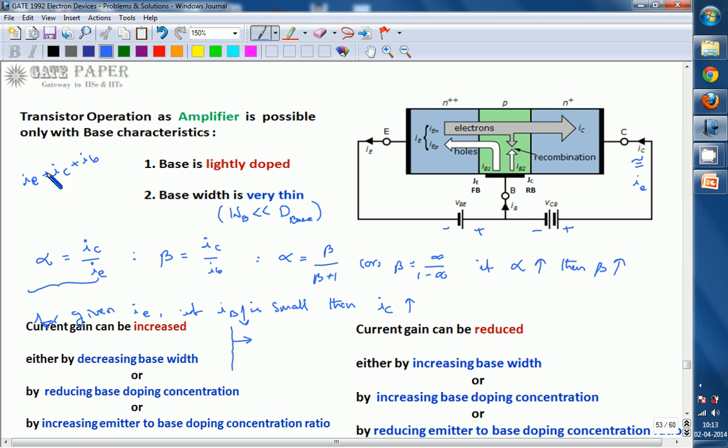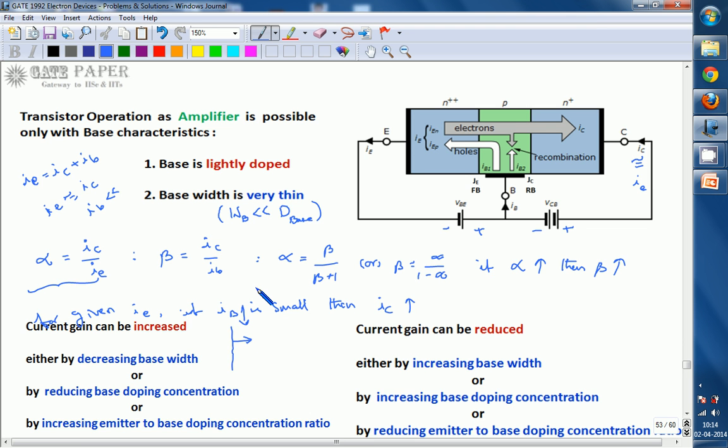So if IE is approximately equal to IC, at that time IB has to be less. That implies less number of carriers. So the base has to be very lightly doped, the emitter has to be very heavily doped. So that implies the emitter to base doping concentration ratio has to be increased.